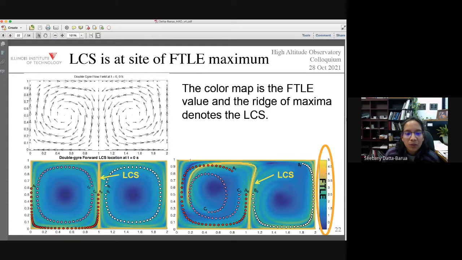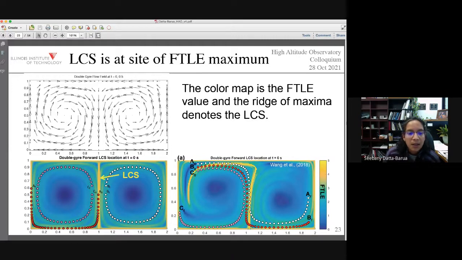But what's useful is if you look at particles over here in the upper left, it's not obvious. If you just look at a snapshot of the flow, you might say, oh, okay, they're all going to be going to the right. So sure enough, they do all start off going to the right. But A and B, which are on the same side of the LCS, both end up in the right half of the flow.